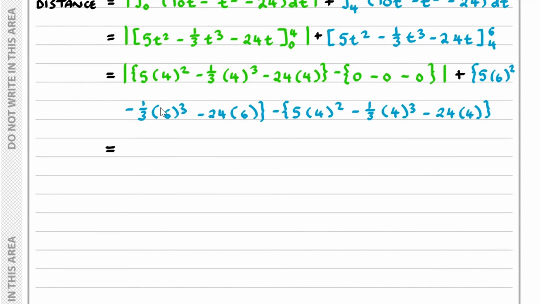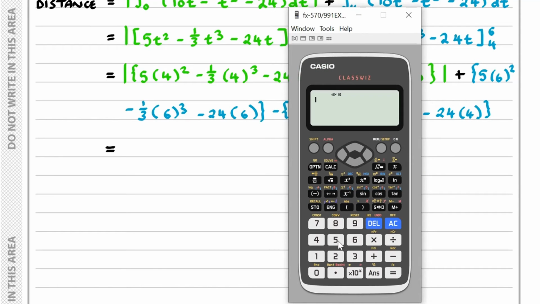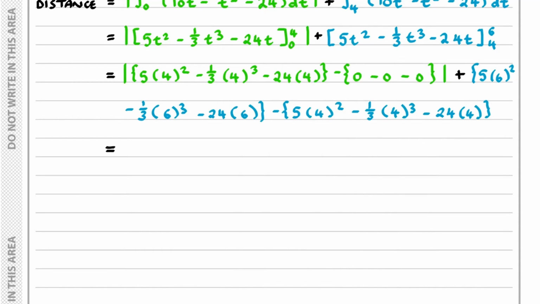And so, 5 times 4 squared minus 4 cubed over 3 minus 24 times 4 is minus 112 over 3. So we have the modulus of minus 112 over 3 minus 0. And then we add on this result here.